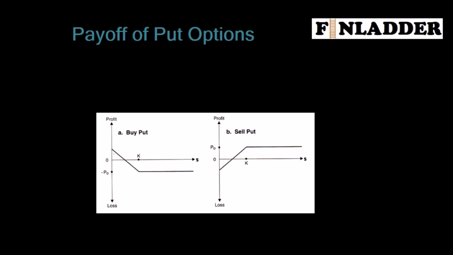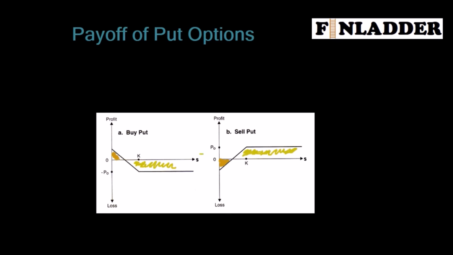The profit of the put buyer will be equal to the loss of the put seller. On the other hand, the loss of put buyer would be equal to the profit of the put seller.